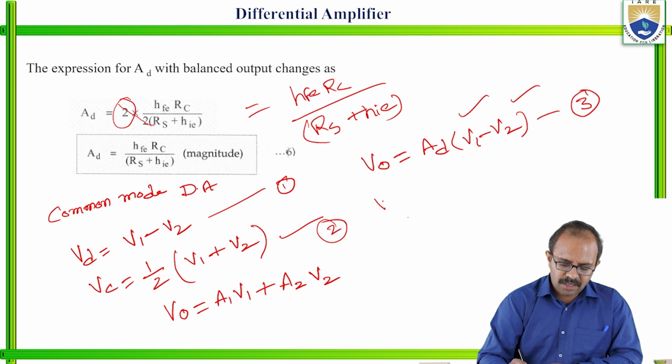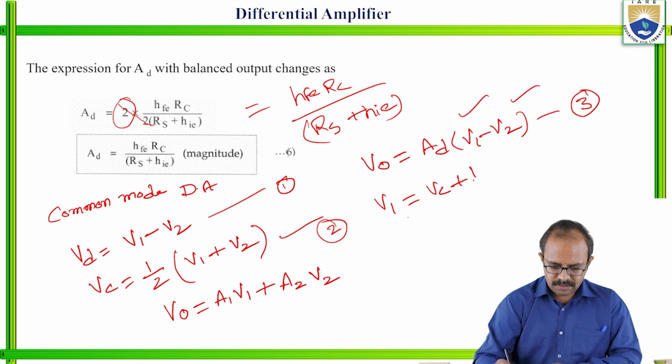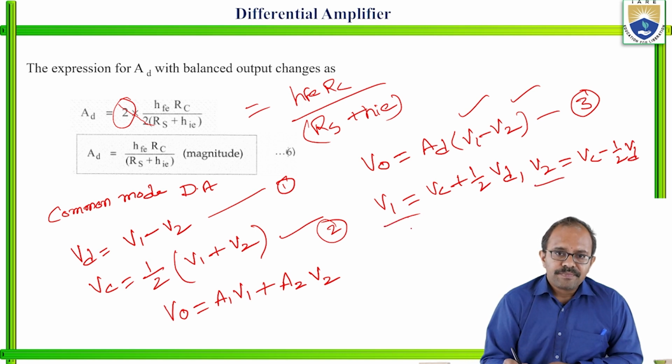From equations 1 and 2, V1 will be Vc plus 1 by 2 Vd, and V2 is equal to Vc minus 1 by 2 Vd.